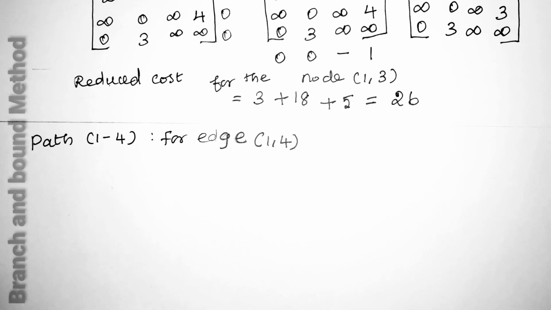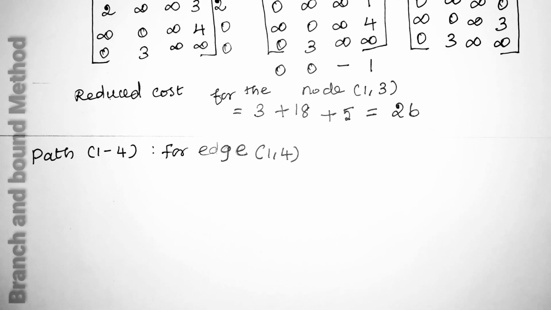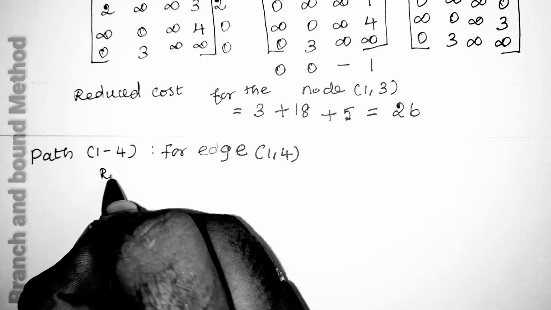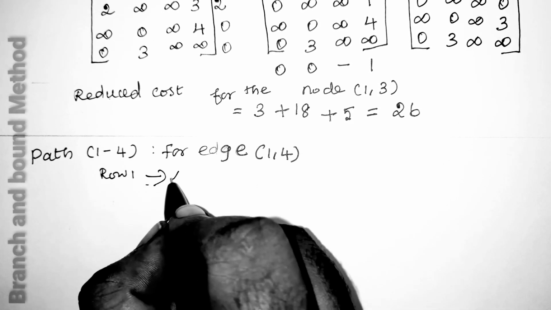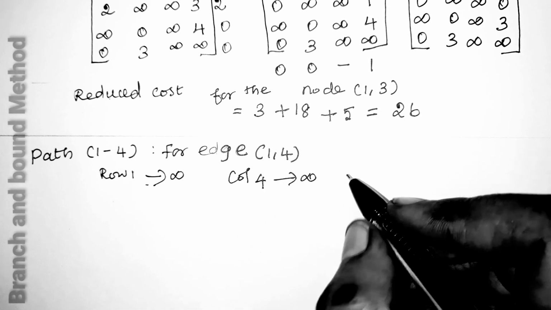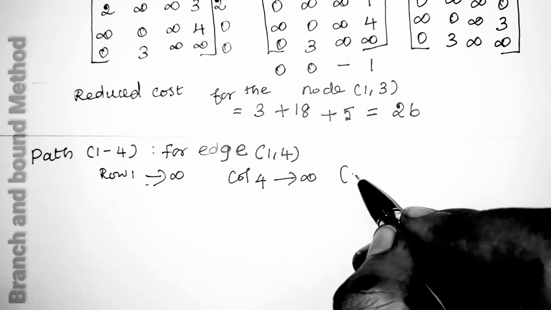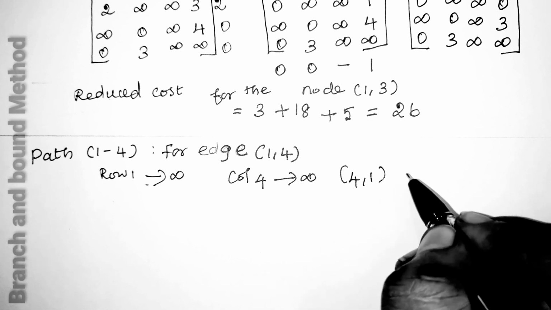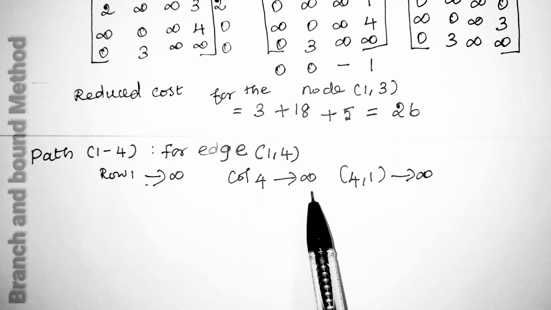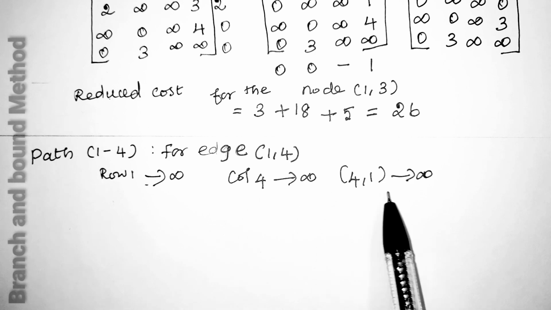Next we have to find the reduced cost for the node 1, 4. For this node, row 1 is infinity, column 4 is infinity, and node 4, 1 is infinity.